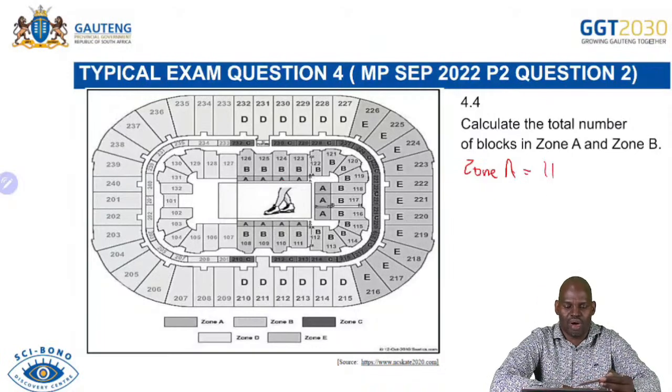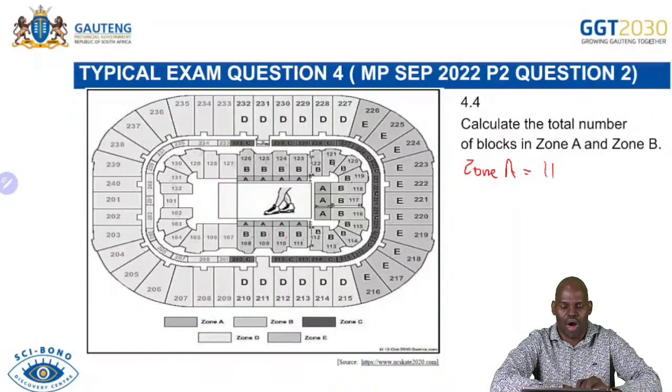For B, I need to start counting. If I start counting from here, I'm going to have 1, 2, 3, 4, 5, 6, 7, 8, 9, 10, 11, 12, 13, 14, 15, 16, 17, 18, 19. But these are not the only ones. So it must be 20, 21, 22, 23, 24, 25, 26, 27, 28, 29, 30, 31, 32. So when I count, I started at this one, I went around until I got back to this one.